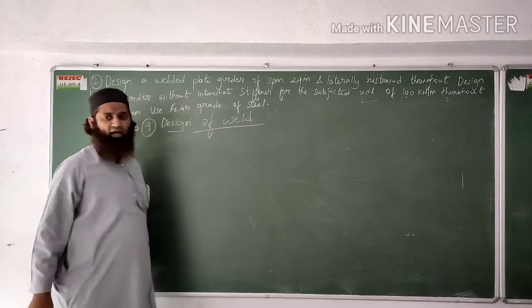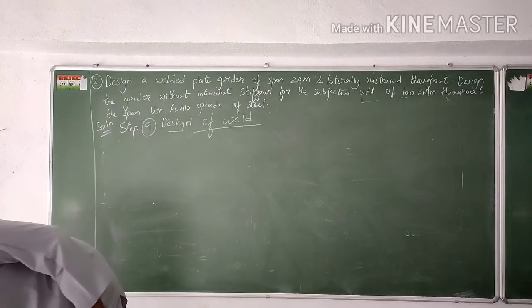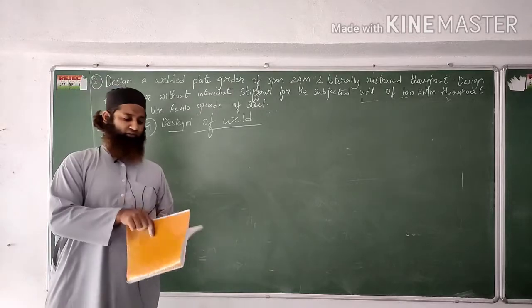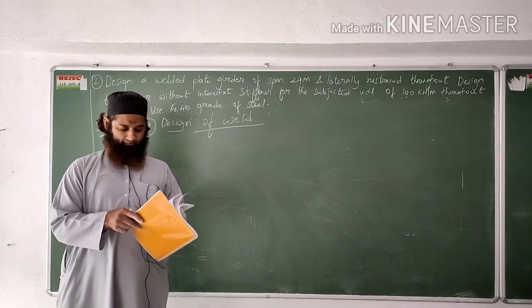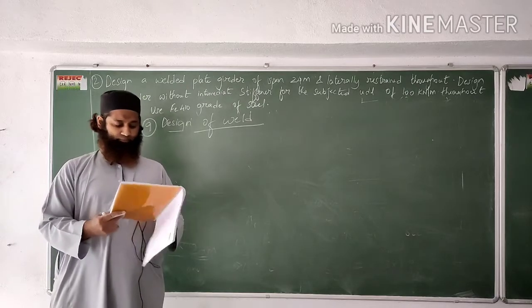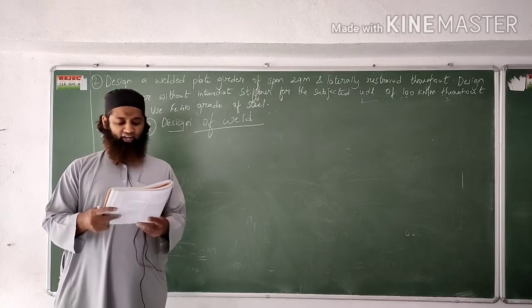Now here again it has been given, strength of weld per mm square. It has been given in page 79. If you can see here, please open page 79 of IS. You can see here in page 79 it has been given for fillet welds also.